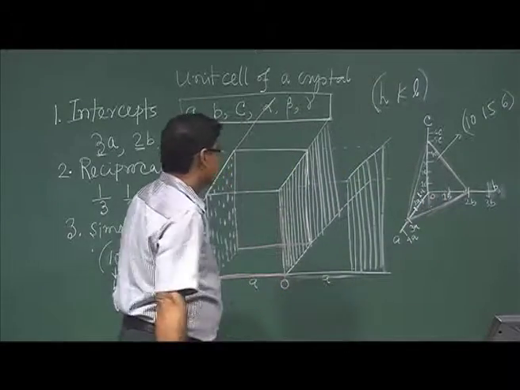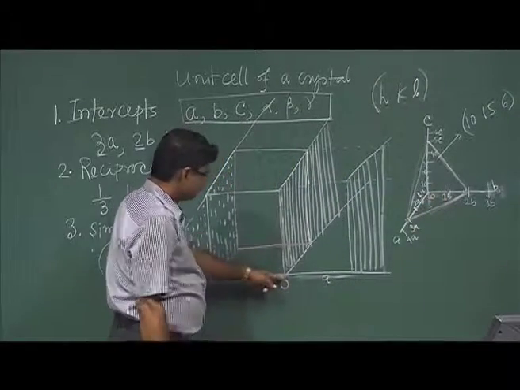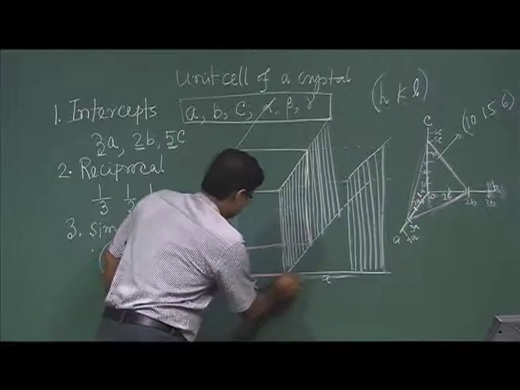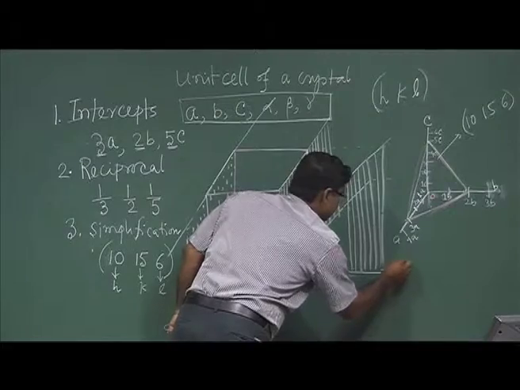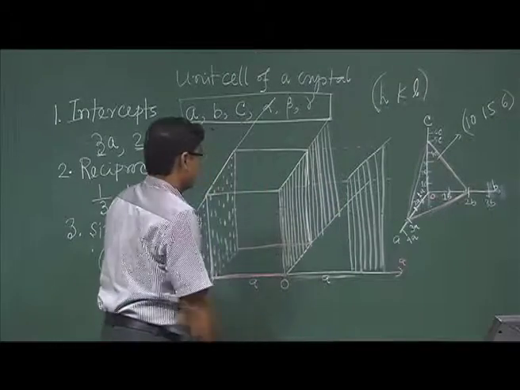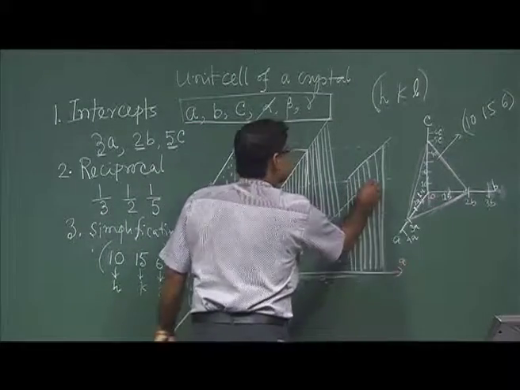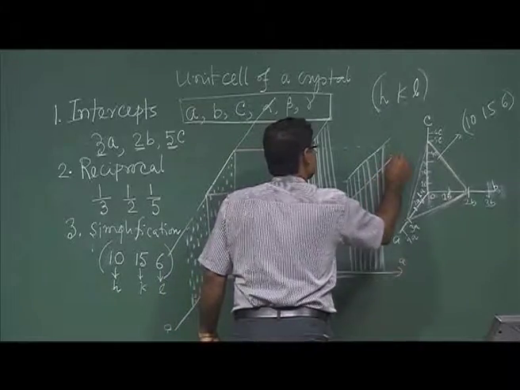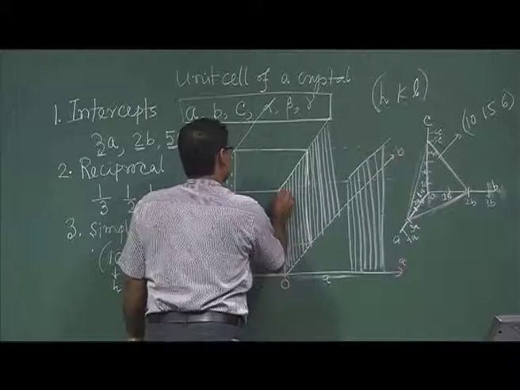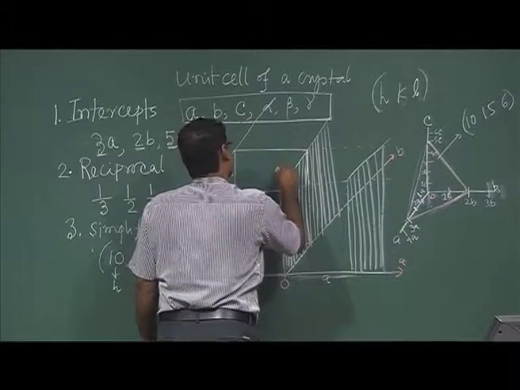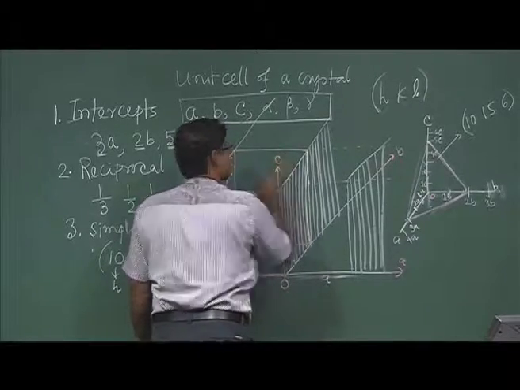Okay. So then this is one axis, say this is A, this will be another axis, B, and this will be the C axis, right.